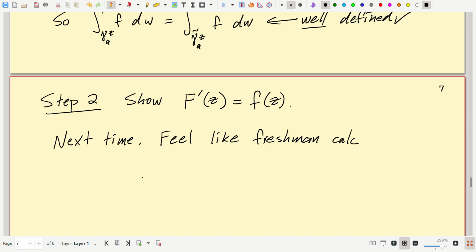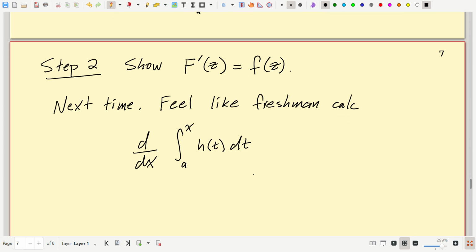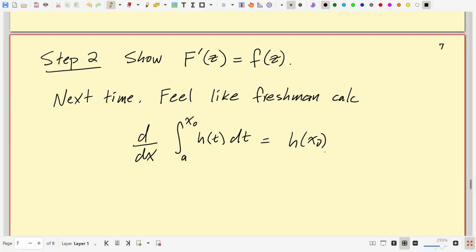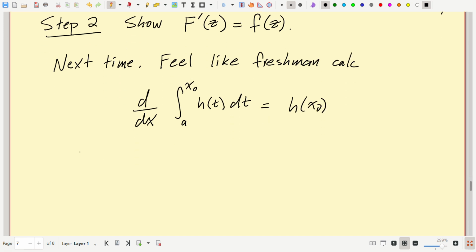Remember when you took d by dx of the integral from a to x of h of t dt? You drew the little area under the curve, and then you had x plus delta x, and that little tiny sliver.